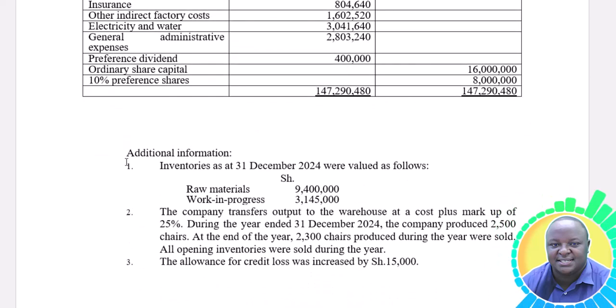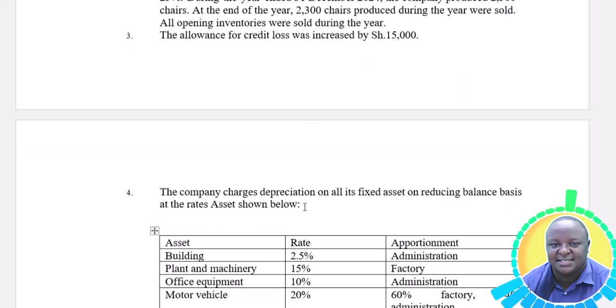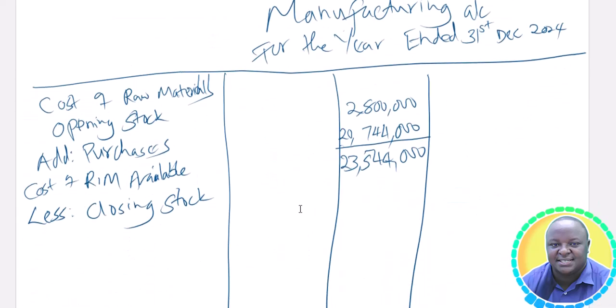In additional information number 1, we have been told that the inventories as at 31st December 2024 were as valued. So the closing stock for raw materials is 9,400,000. That is what we are going to less as closing stock.